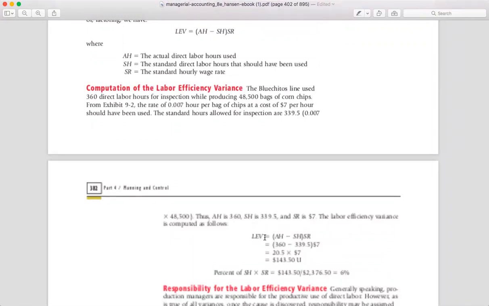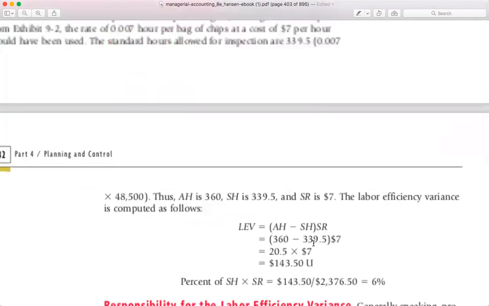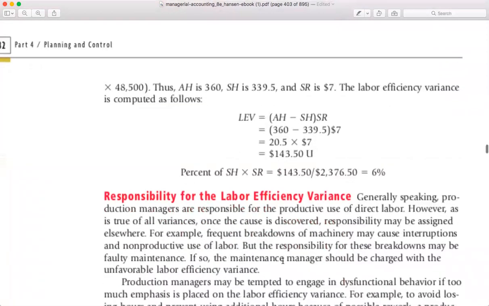So the efficiency variance is this amount. So the actual hours to produce the bags of corn chips are around 360, but the standard is 339. So what happened in here? It means that the hours we need to produce that are higher than the standard. So it's an unfavorable variance. Okay.